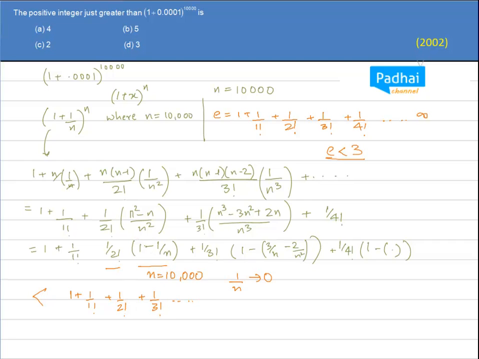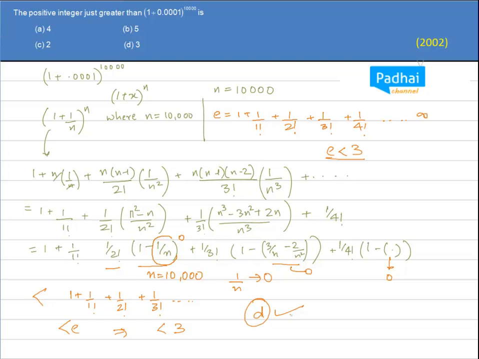Because 1 minus 1 by n will be approximately 1, since these terms are approximately 0. So this has to be less than this series, because it is the maximum this expression can attain. And we know that this is the formula of e, so this term is less than 3. So the next bigger integer would be 3, which is option D in this case.